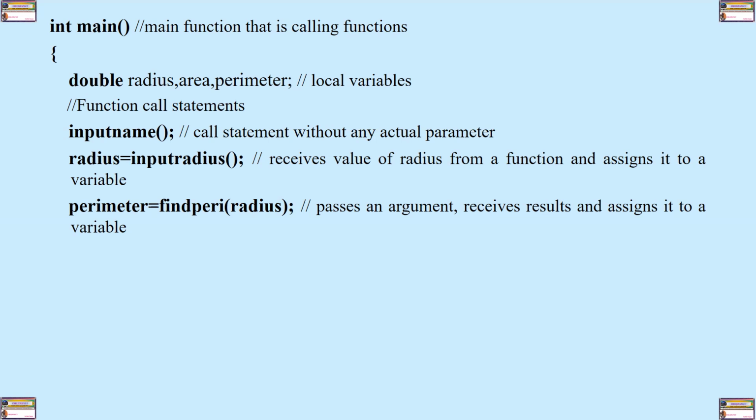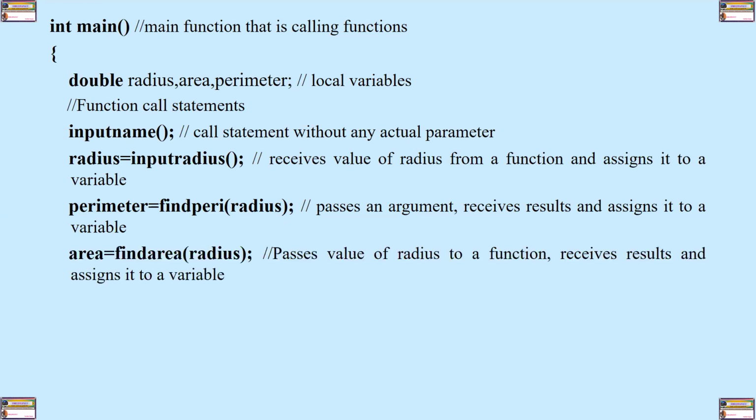So this call statement passes an argument called radius to the function called find peri, then receives the results from find peri, and assigns those results to the variable called perimeter. The next is a call statement, which passes the value of radius to a function, then receives the results from that function and assigns them to the variable area.